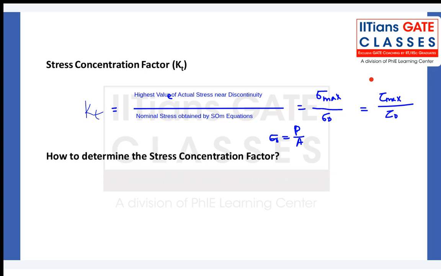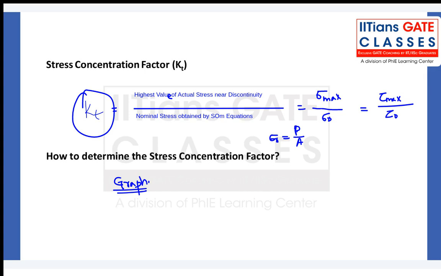For that, not me, scientists and researchers have done a lot of experiments, and they have formed different graphs, and they have quantified the value of Kt there. So using those graphs, which are available in your design data book, we can find out the value of Kt.